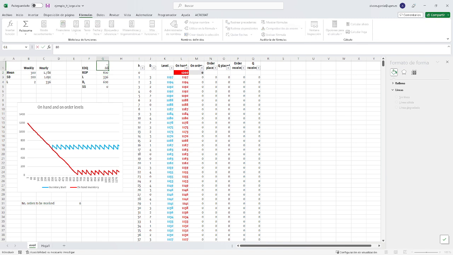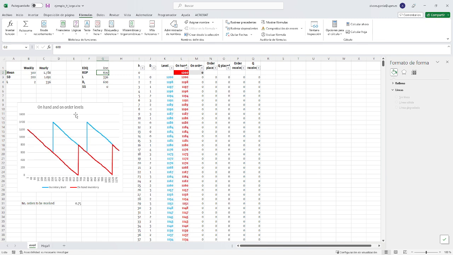And if I write here 200 and recalculate, okay, I have something similar to what we are used to. So when we are going to place this order, we need to make sure that we have enough amount during the lead time.